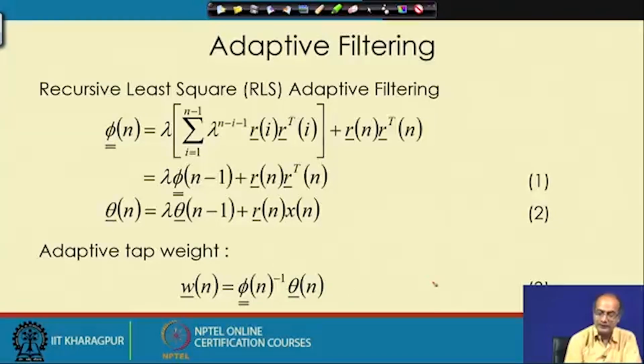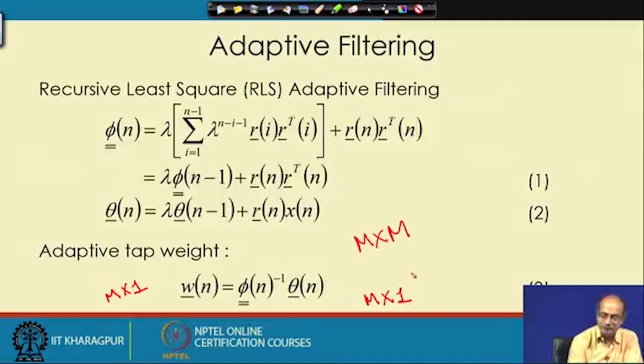Now here let us look at what is the dimension of all these quantities. See, for Wn, it is an m by 1 dimensional vector, theta is again an m by 1 dimensional vector, phi n has dimension m by n, and we know that the complexity of matrix inversion is pretty high.